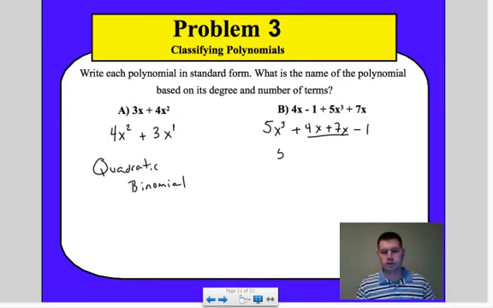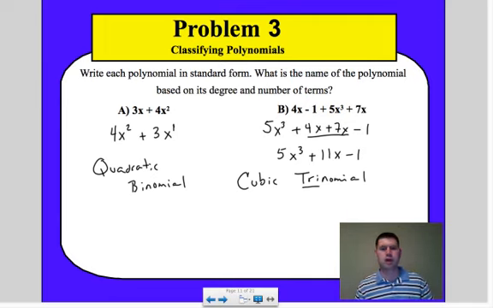If I have 4x's and then I gain 7x's, I now have 11x's. That's going to change your answer, because now I don't have 4 terms, I have 3 terms. So this is what we call a cubic trinomial. Cubic, and then 3 terms, trinomial.